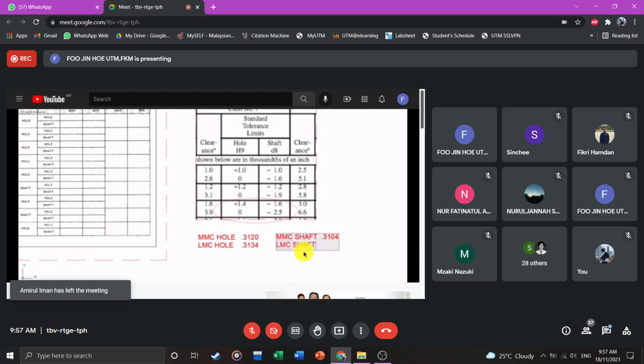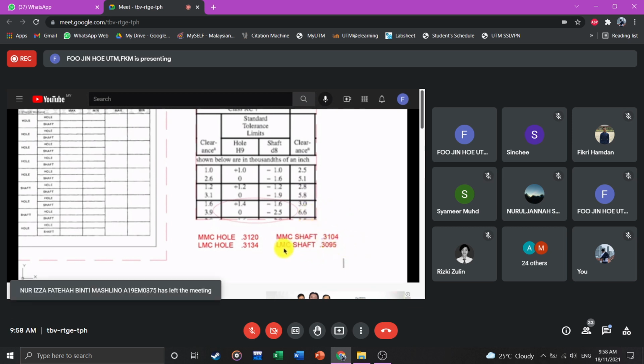LMC of the shaft, the least material condition size, we have to subtract from the nominal size 2.5. We subtract 2.5 from this number right here, and we get 0.3095. So we're going to write 0.3095 over here. You know, that's on a hole basis, and most of you had no trouble with that because you're taking these numbers directly out of this table.